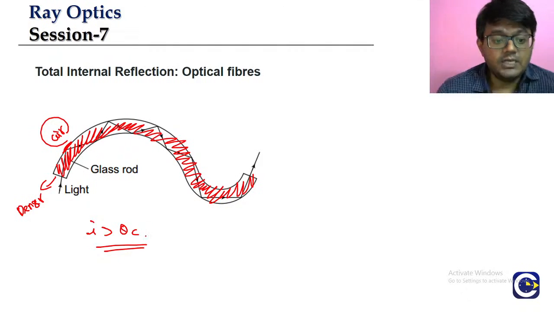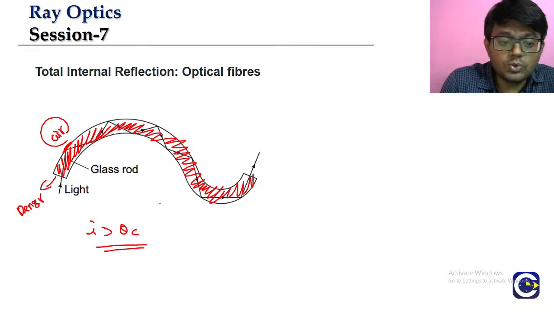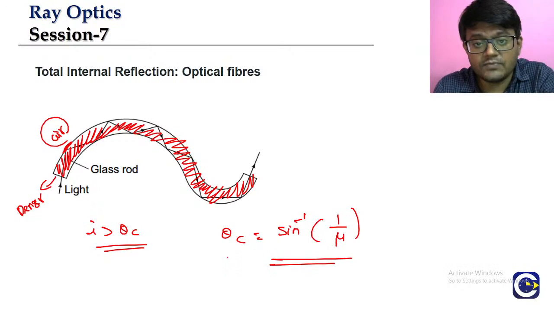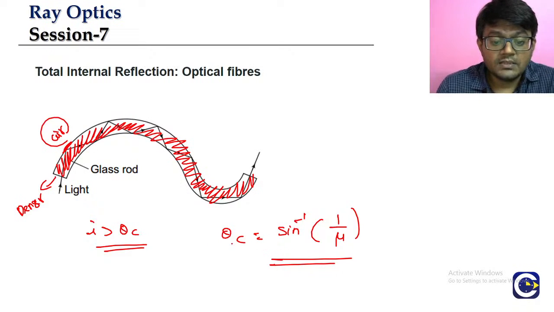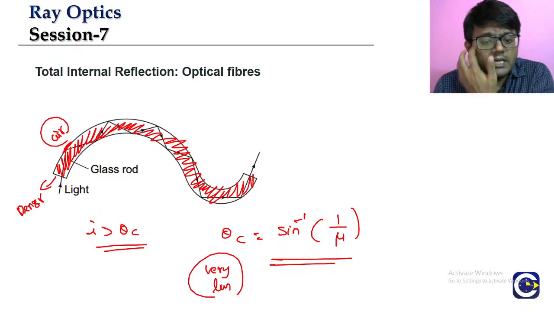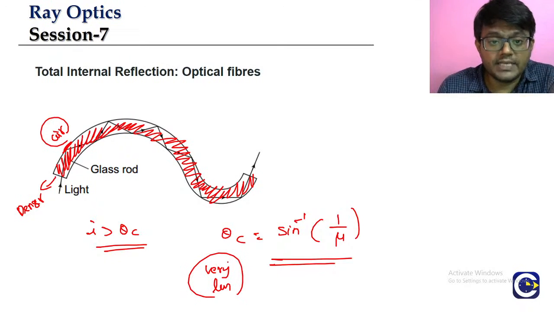And this will be possible if you choose the material particularly. Remember, theta critical will depend upon what? Here the outside medium is air, so the theta critical formula is sin inverse of 1 by mu. You will select the material of the optical fiber in such a way that the theta critical value is very less. It may be, for example, 4 degrees or 5 degrees.